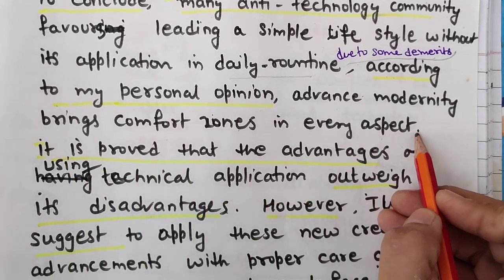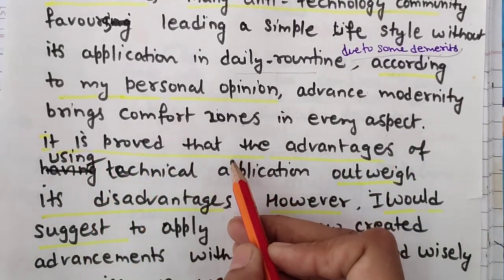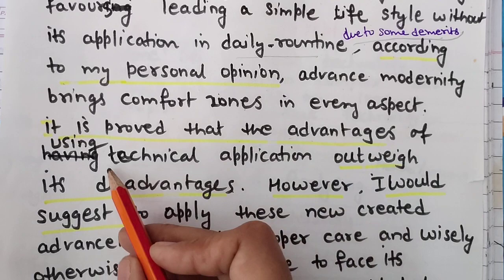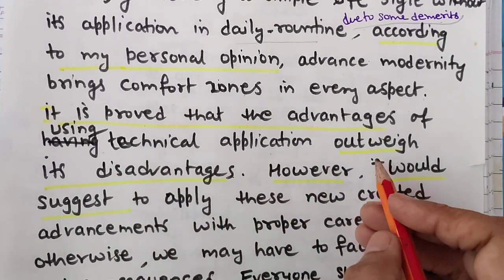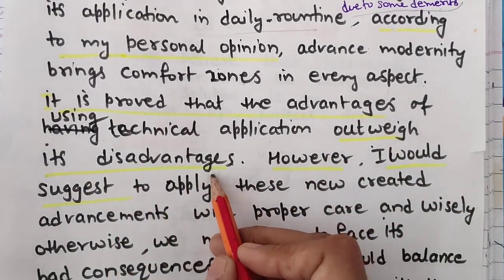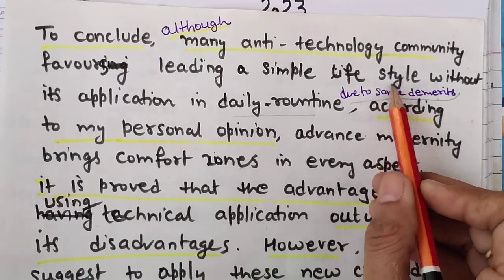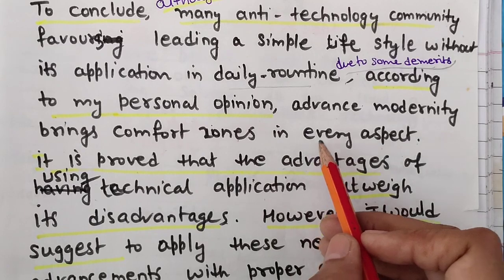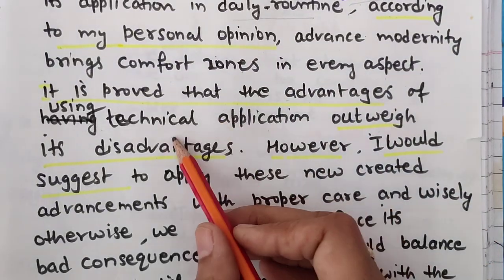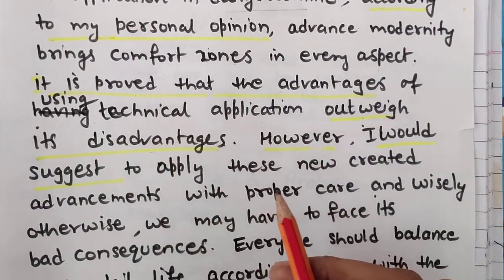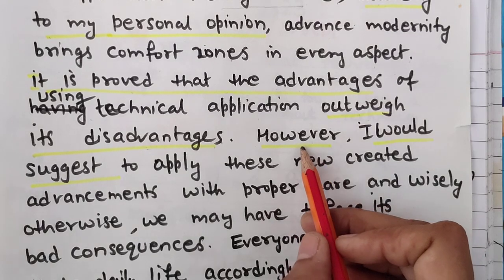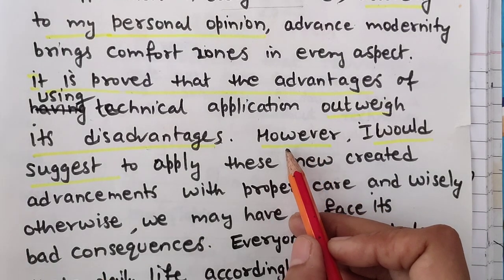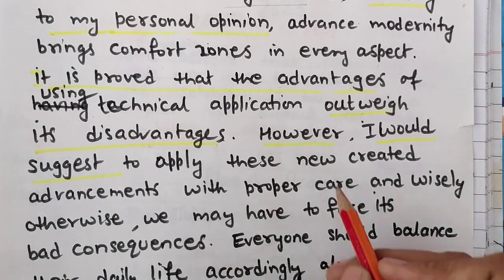Okay, so full stop. It is proved that the advantages of using technical application outweigh its disadvantages, because I have started with although demerits and then I have given advantages. That's why I am saying this outweigh its disadvantages. However, now contradiction line you can give here and suggestion also I have given.